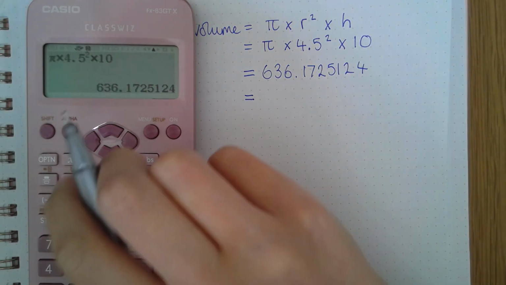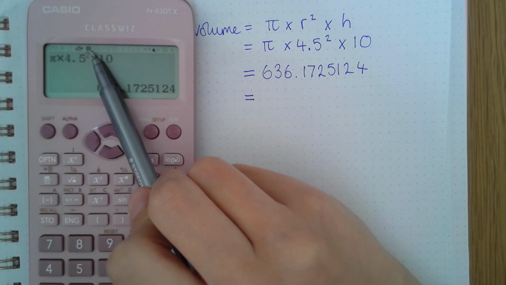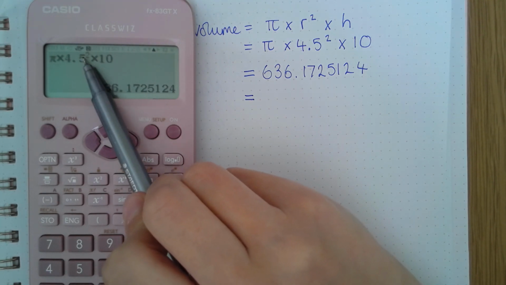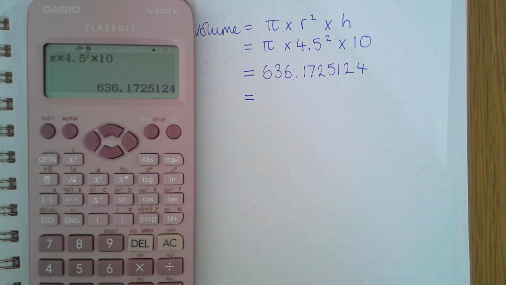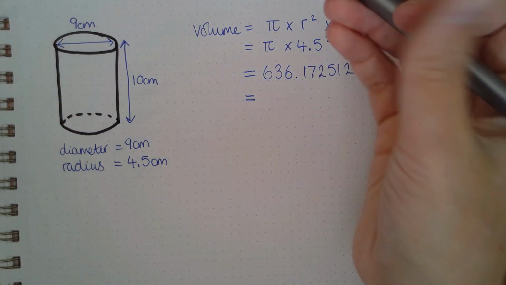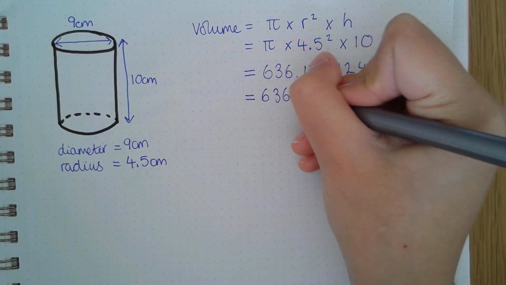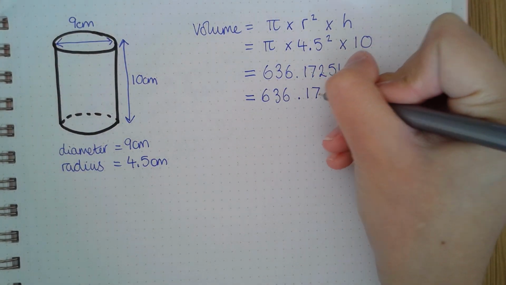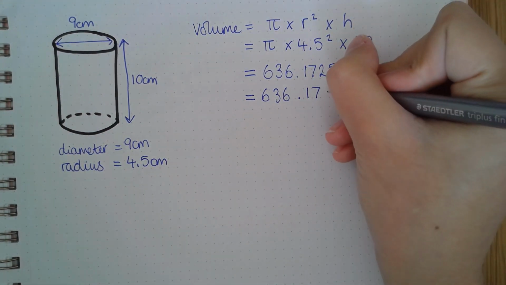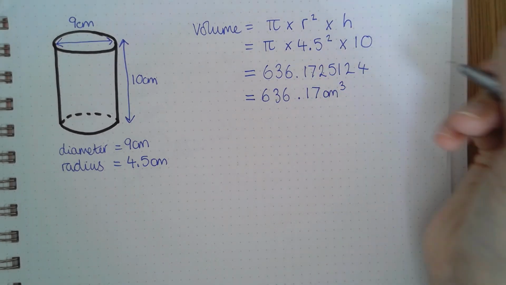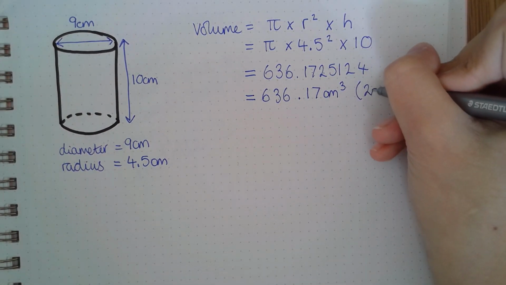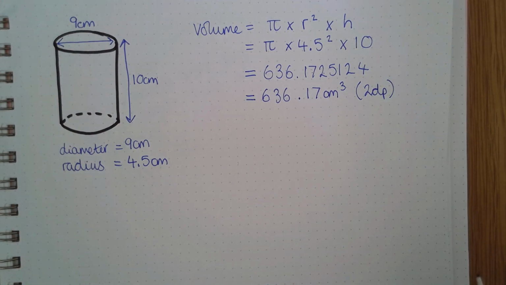Just to check that it's only my radius that I've squared. The squared needs to come just after the radius. So now I need to round that to 2 decimal places, so the 2 makes the 7 stay the same, so 636.17. My units is centimeters, but it's volume, so it's cubed, and that was to 2 decimal places.